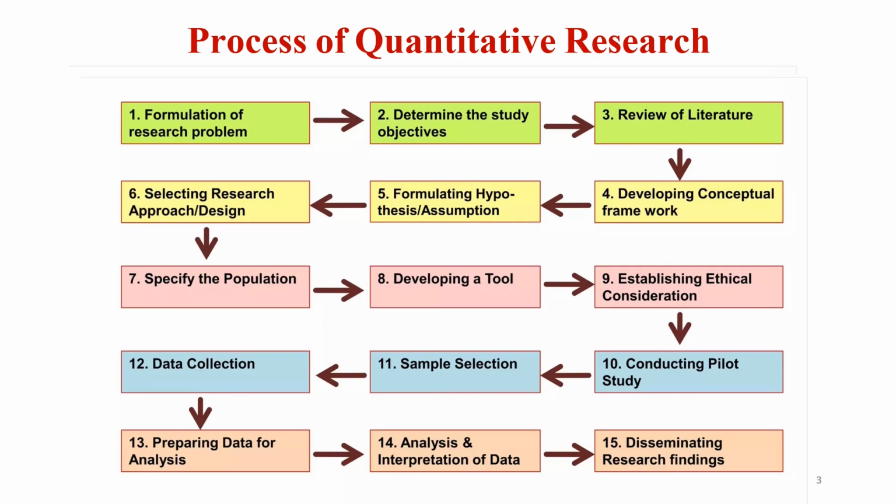Once we conduct the pilot study, then we can check the normality and the reliability of the data. The normality of the data can be checked using skewness and kurtosis.